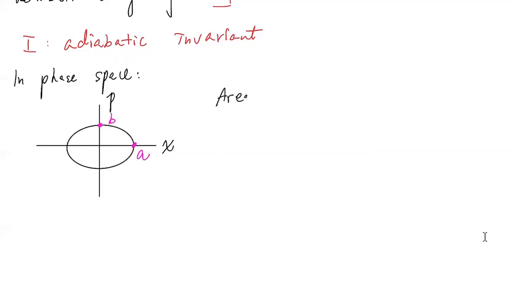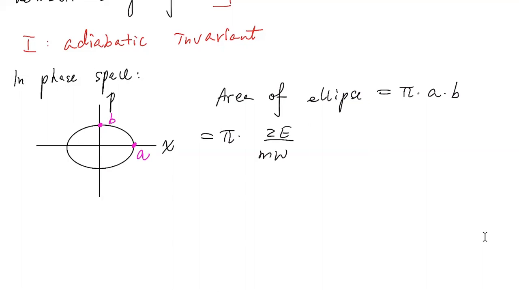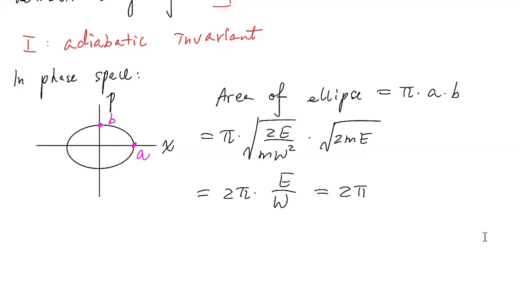The area of this ellipse is pi times A times B. What is A? A is the square root of 2E over m omega squared. What is B? B is the square root of 2mE. And this gives you 2 pi times E over omega. And this is equal to 2 pi I, right?